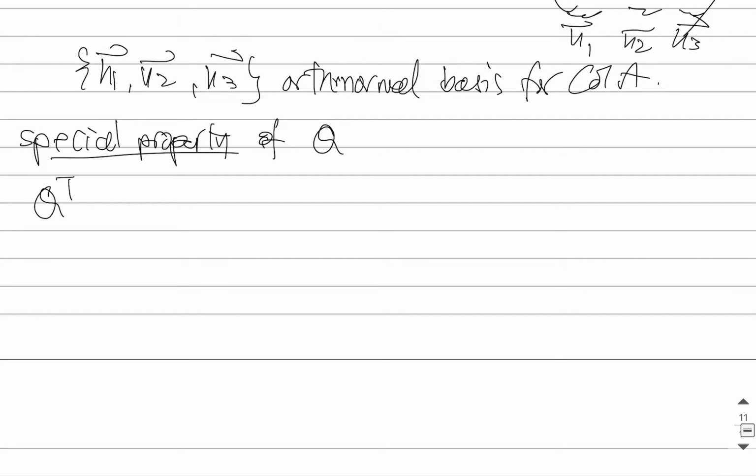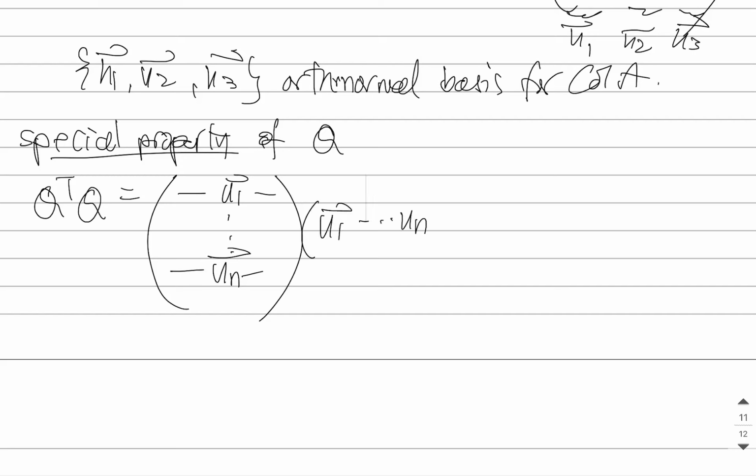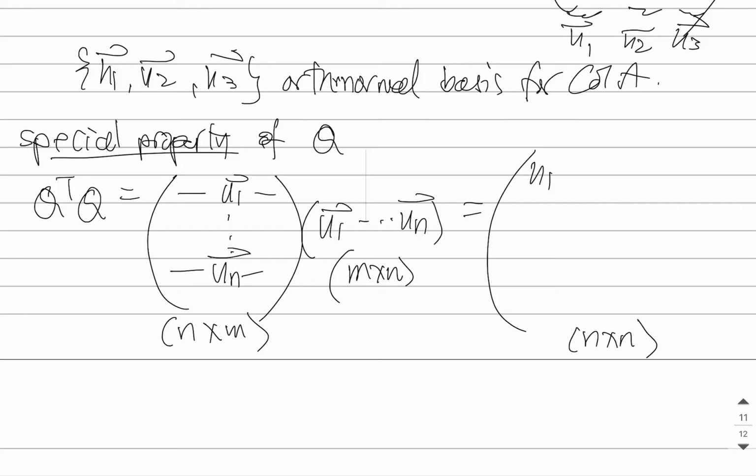If I were to go Q transpose times Q, U1 row vector all the way down to UN row vector, U1 all the way down to UN, this is going to create an M by N matrix here, an M by M matrix there. So this would be N by N. It would be U1 dotted with U1, U1 dotted with U2, all the way down to U1 dotted with UN, UN dotted with U1, all the way down to UN dotted with UN.